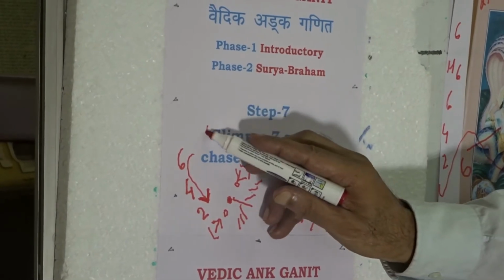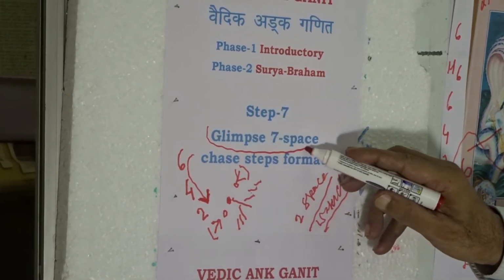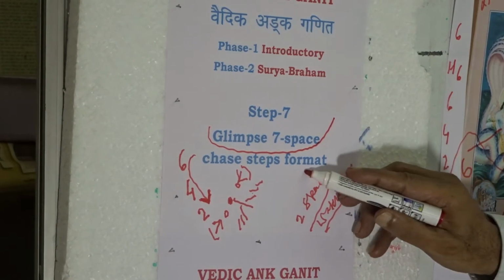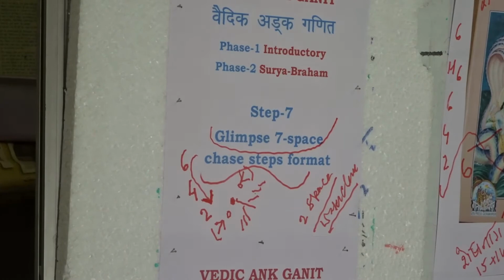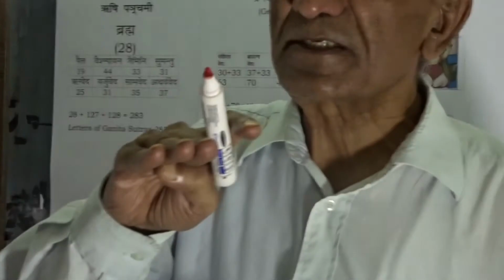We want to glimpse 7 space, but we want to glimpse it as a format along which this glimpse could be there. How 7 space can be glimpsed, how 7 space can be chased, what are going to be the chase steps, and what format is made for chase of these steps.